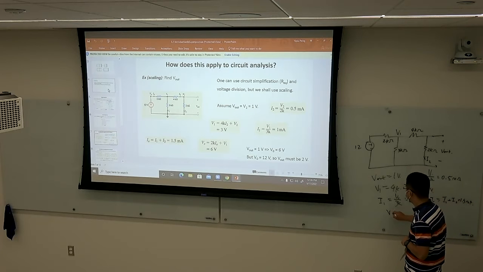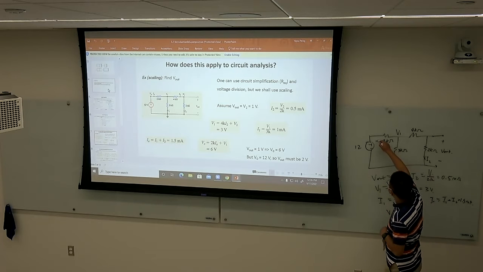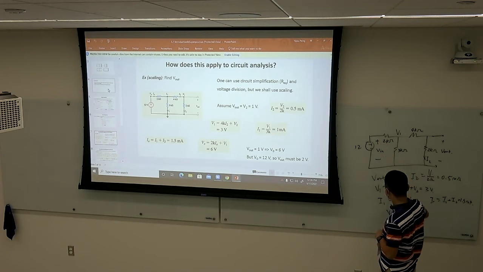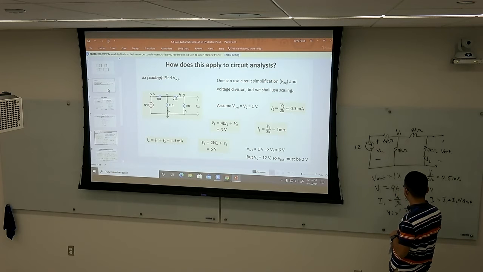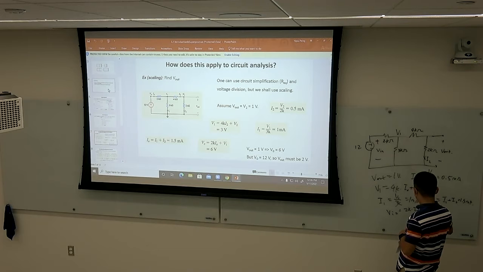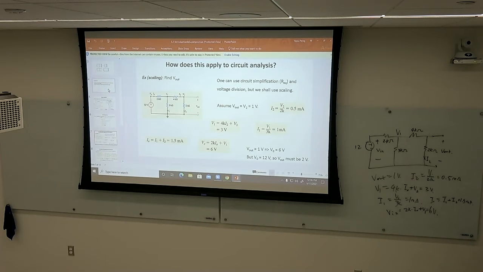And the VO should be this VE. So this VE should be 2K times IO plus V1 equals 6 volts. So we solve the circuit in the reverse direction.